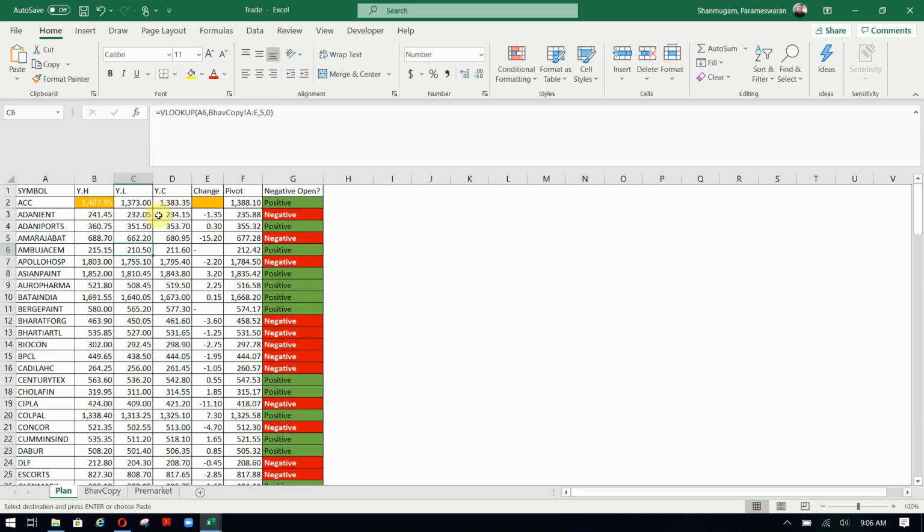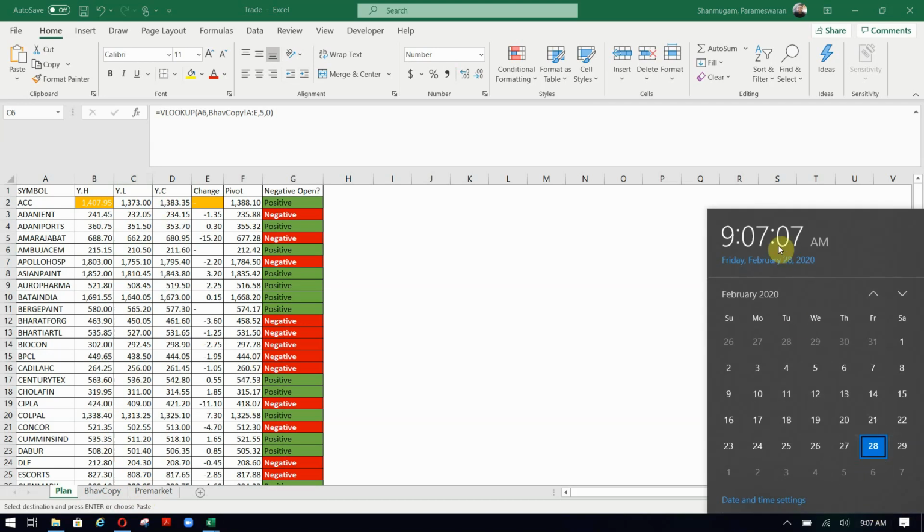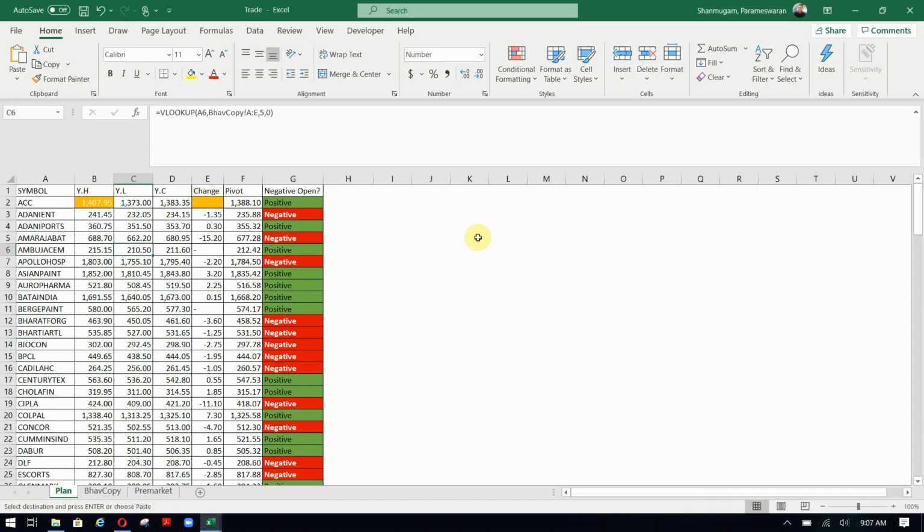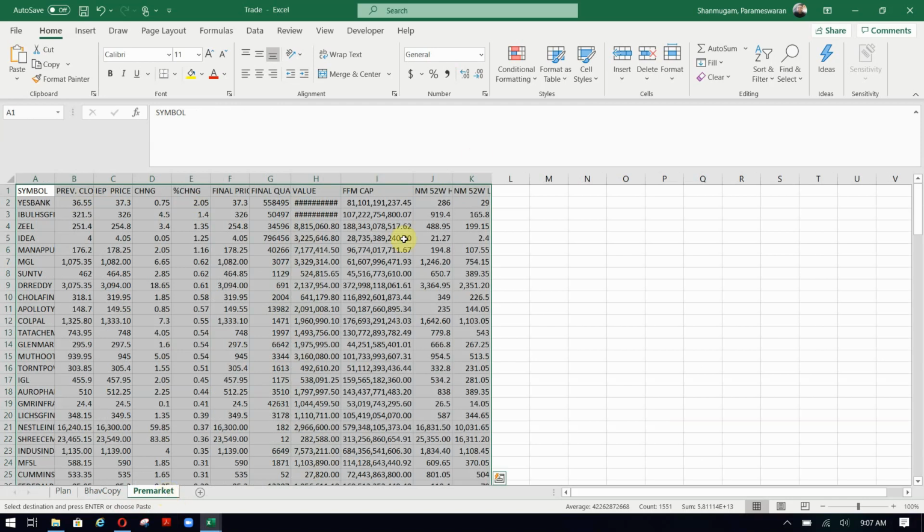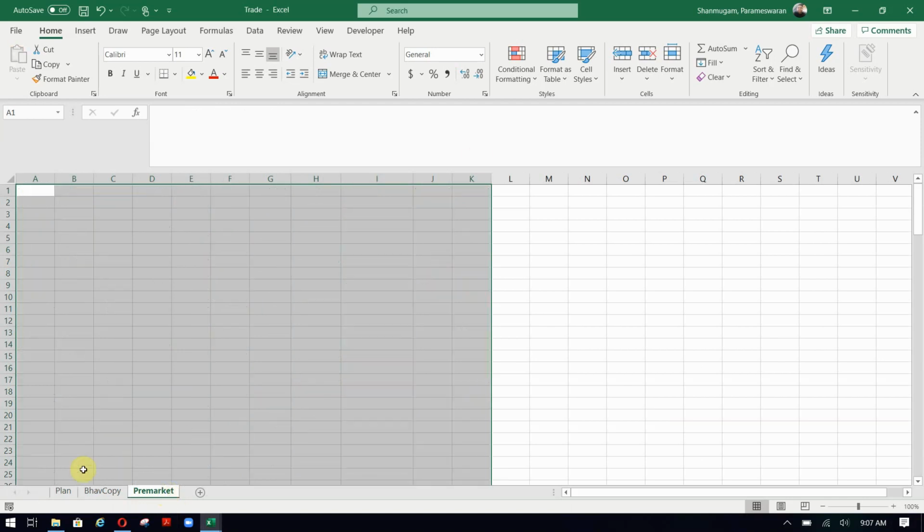And the next step is, now the time is about 9:07, right? And maybe in a minute the pre-open market will be closed. I just download the pre-open market sheet and paste it under this particular section.